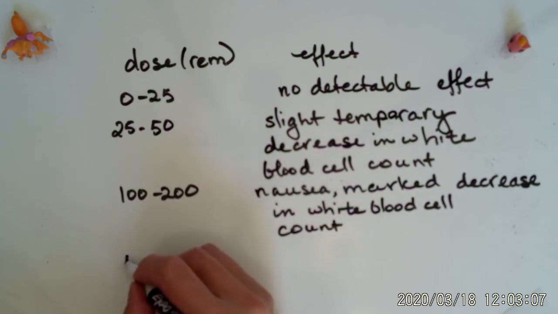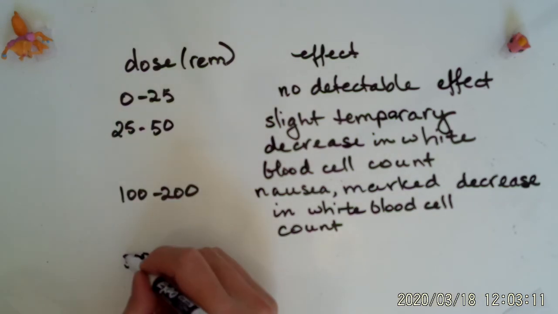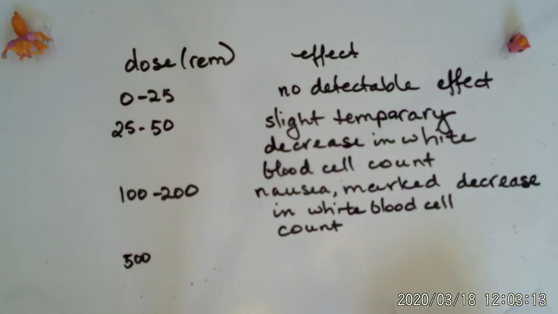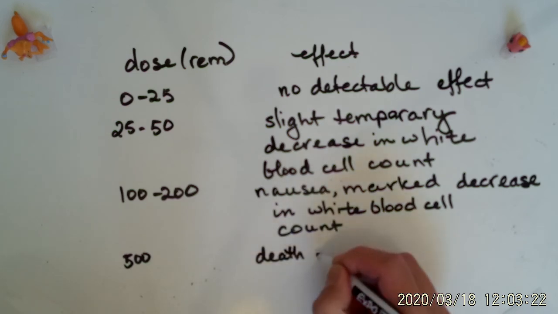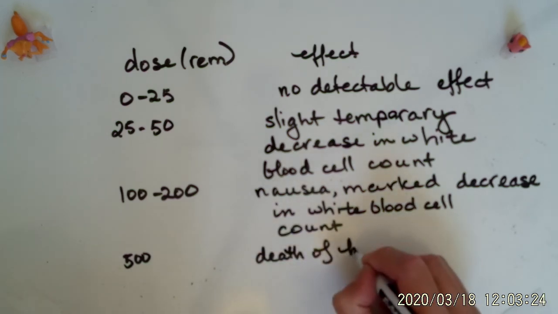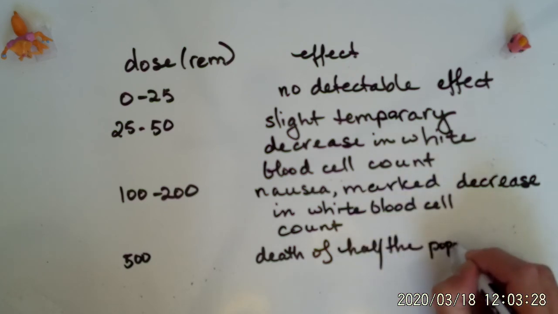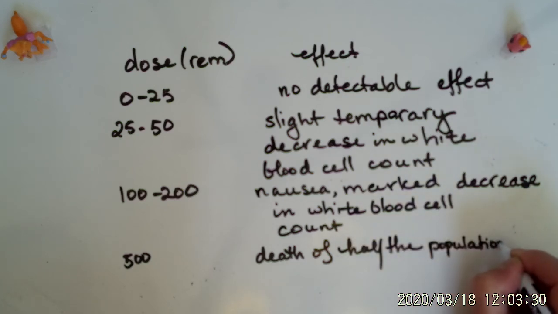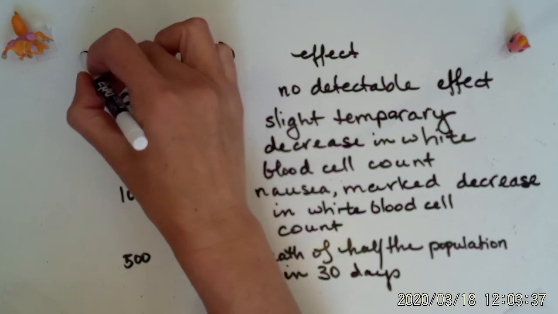And if you have a population that's been exposed to 500 rem, we're talking about acute, short-term effects. You have death of half the population in 30 days.